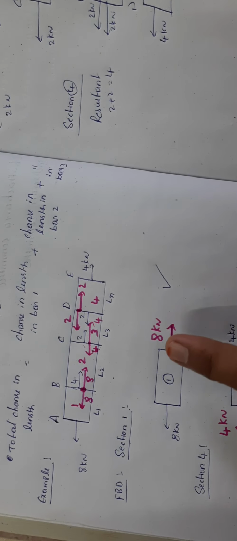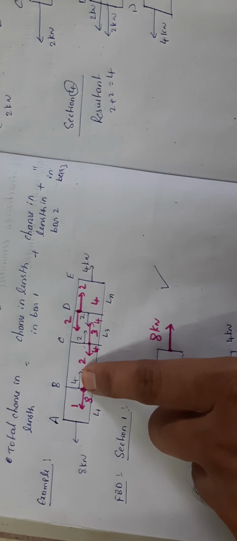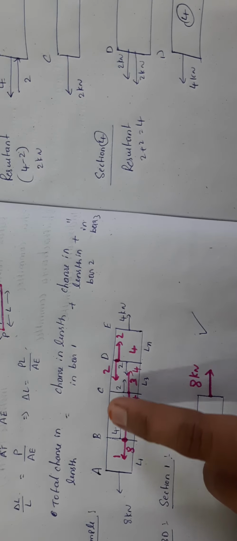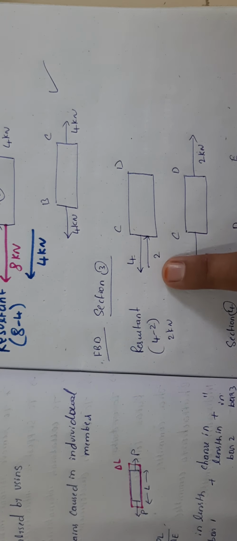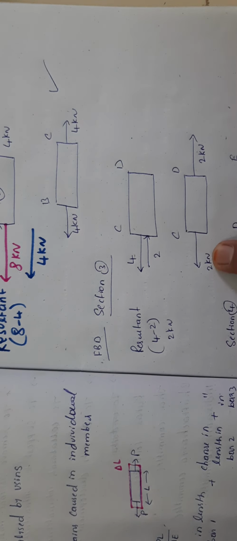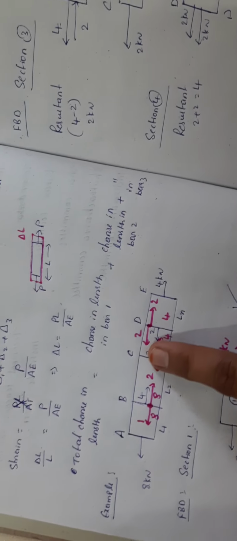When you have combined, 8 minus 4 will become 4, so you will get the resultant 4. Similarly, when you combine section 2 and 3, section 2 this side is 4 kilonewtons, section 3 this side is 2 kilonewtons, so 4 minus 2 will be 2.